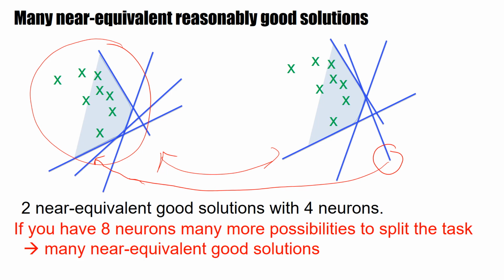And now if you think that you have 8 neurons, you could construct even more equivalent, very good solutions. So this number of minima is not just the number of permutations constructed from perfect global minima, but in addition, they are also near equivalent, reasonably good solutions.